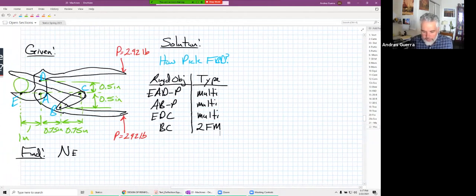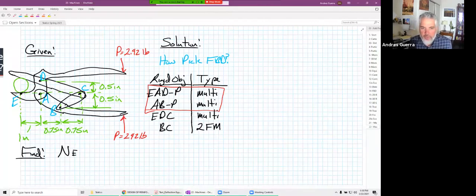Okay, so this is our complete enumeration, right? These are all of our possible options. Let's do some intelligent enumeration though, and get rid of some of these. Which are the only 2 that have known forces? My only 2 that have knowns are these 2 right here. So we just went from 4 down to only 2 possible FBDs because ADC doesn't have any known values in there.